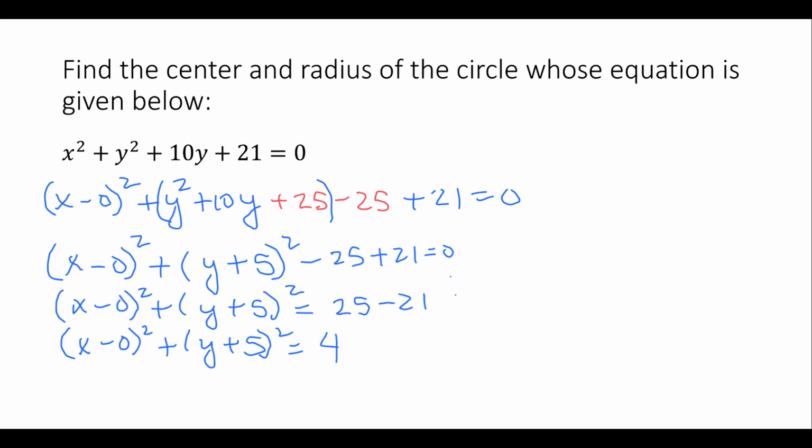So now this is already the equation of our circle. It's straightforward to see what the center is. It's h comma k, and then the radius is the square root of that number over there, because that's r squared. So then let's go ahead and write the answer. So the center is at 0 comma negative 5, and then the radius is 2.